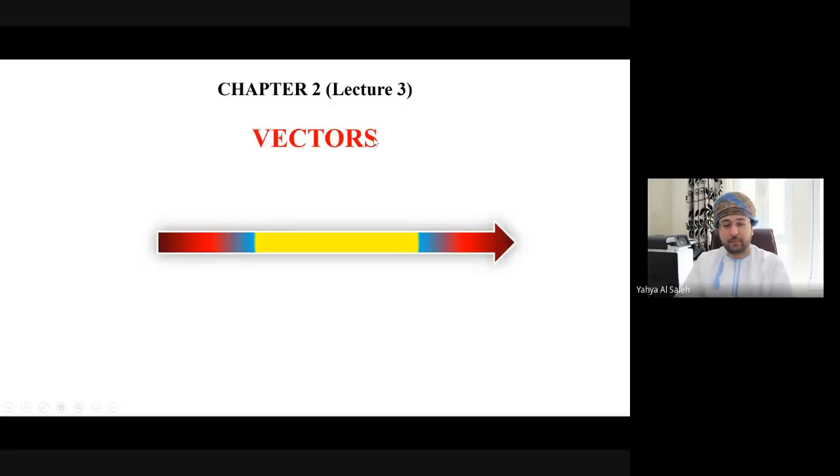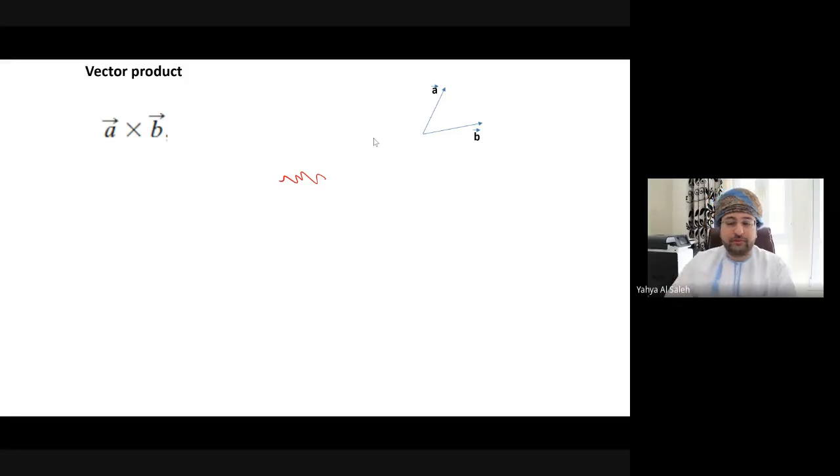Okay, here we go. So we defined a vector product to be A cross B, and we said that its definition is, if we have two vectors, A and B, at some angle phi or theta between them, we do A cross B, we get a third vector, C, which has a magnitude of AB sine theta.